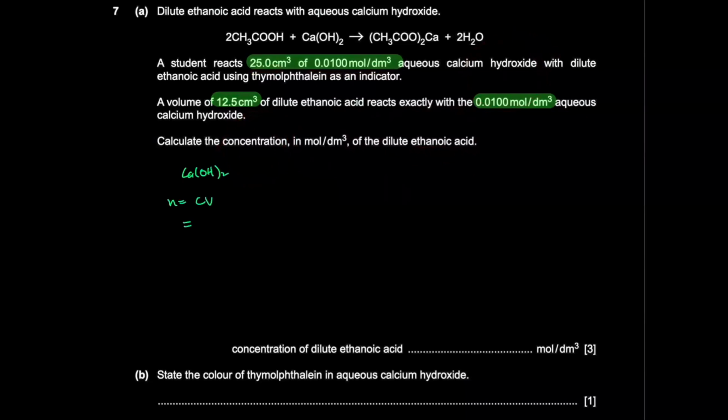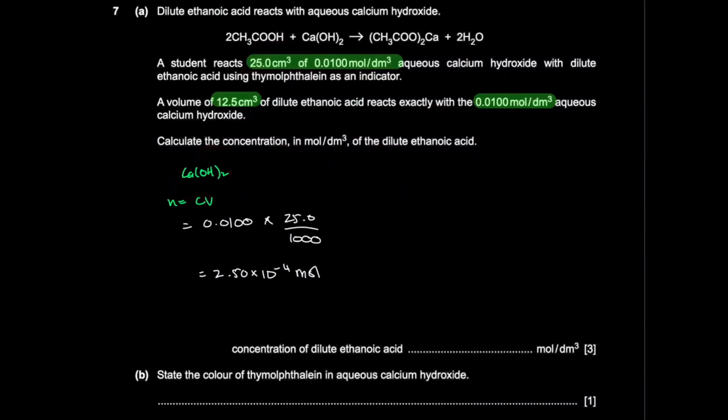The concentration is 0.0100, or 0.01, times the volume, which has to be in dm cube. This is in centimeter cube. So we do times 25 over 1,000. Okay. So we get 2.5 into 10 to the power of minus 4 moles of calcium hydroxide.